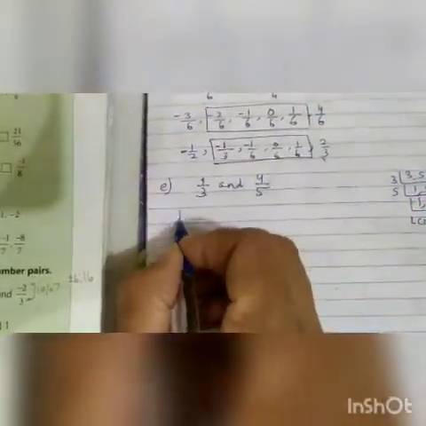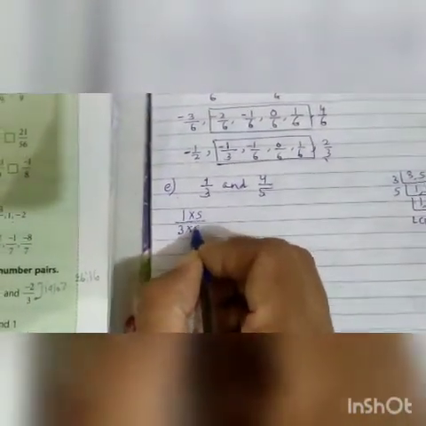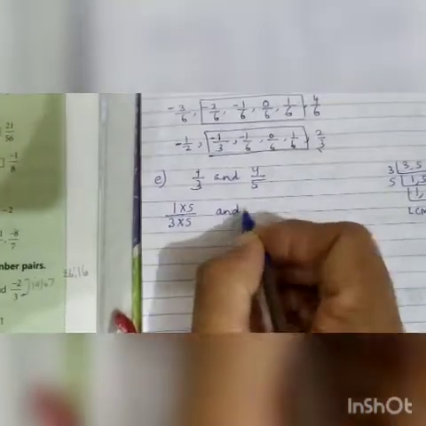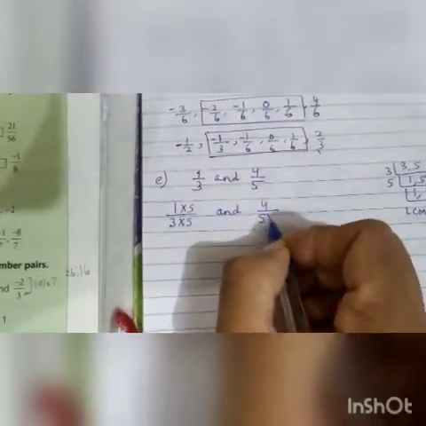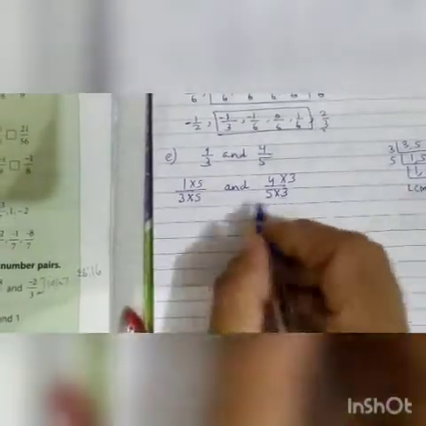It means if we multiply 1 upon 3 by 5 and 4 upon 5 by 3, then their denominators will be the same.